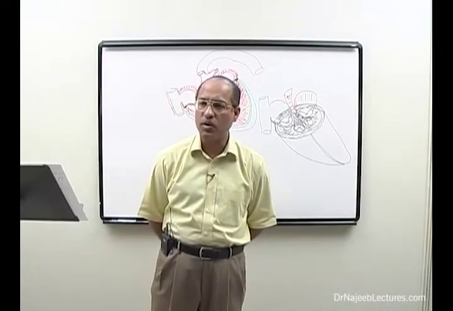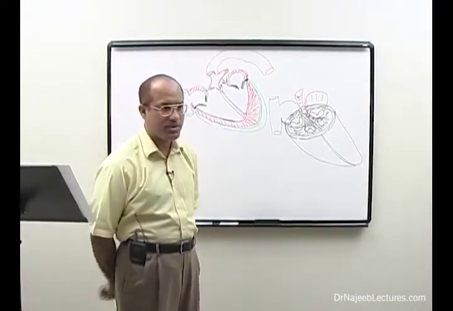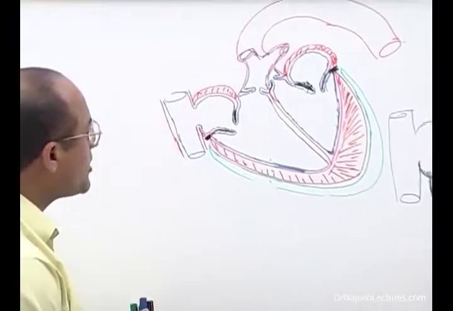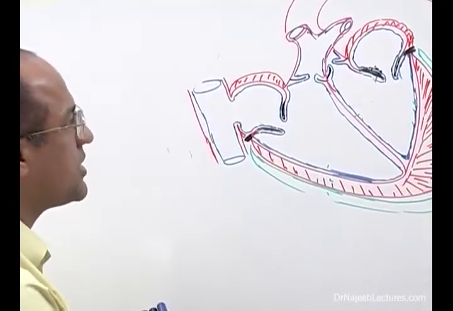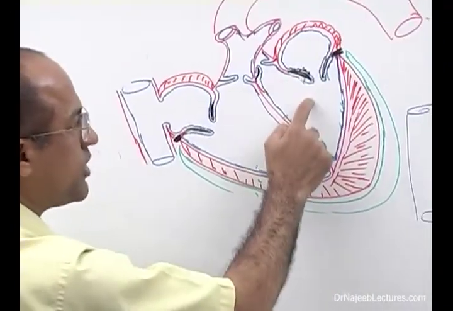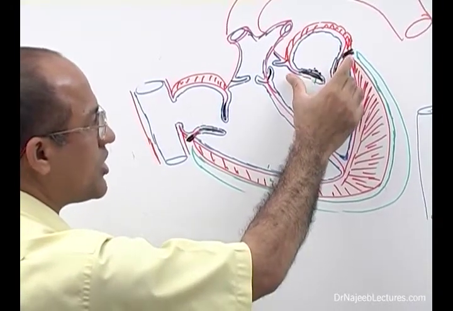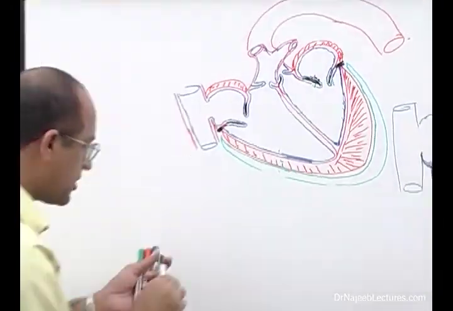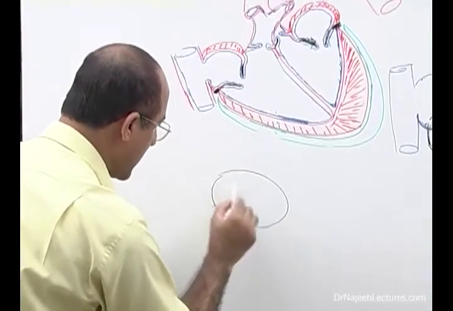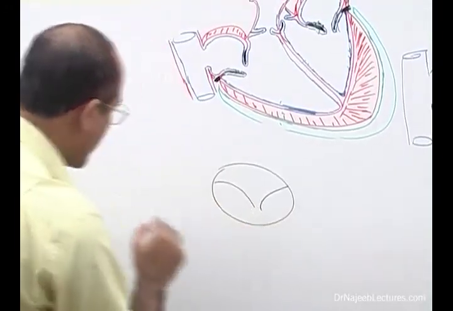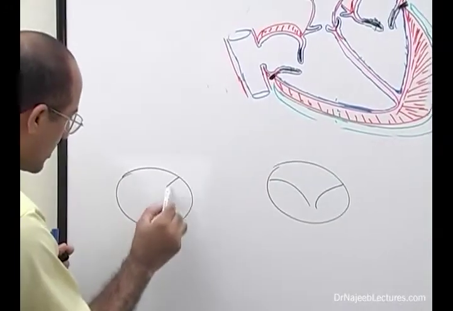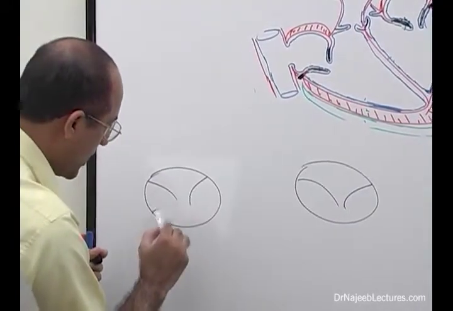So we were talking about the valves in the heart, and another important thing is the valves between the atria and ventricles, the atrioventricular system. They are large valves, right? For example, the mitral valve is quite a large valve, and the tricuspid valve is also a very large valve.